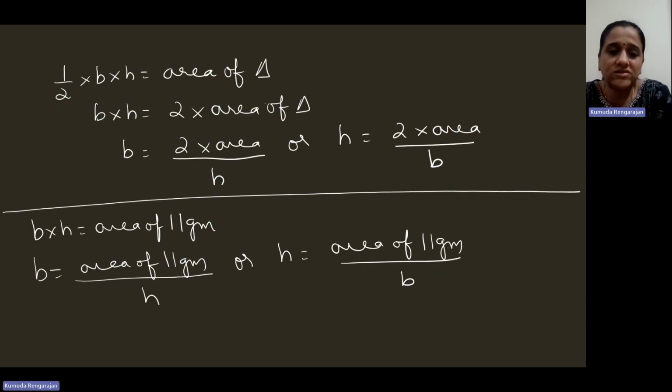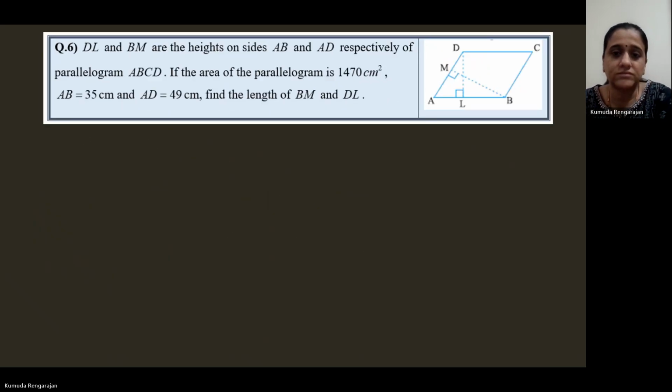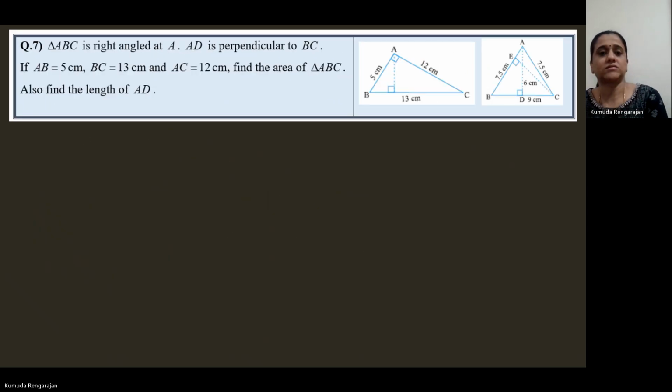If it's a triangle, base is twice area by height, and height is twice area, 2 into area by B. If it's a parallelogram, then base is area by height, and height is area by base. If it's for a triangle, it is 2 into area in the numerator. So you should be able to do this, correct?